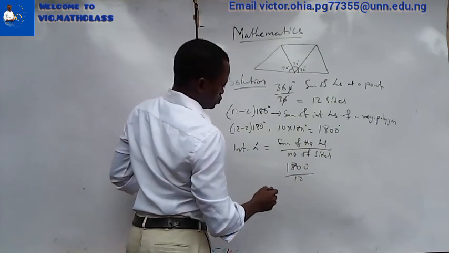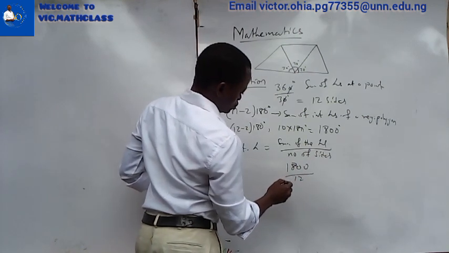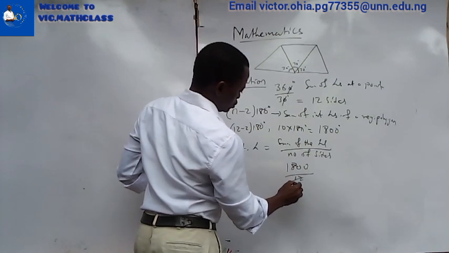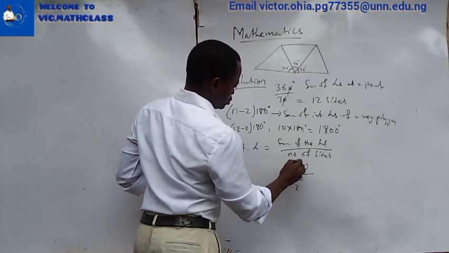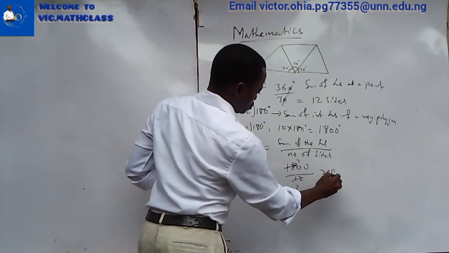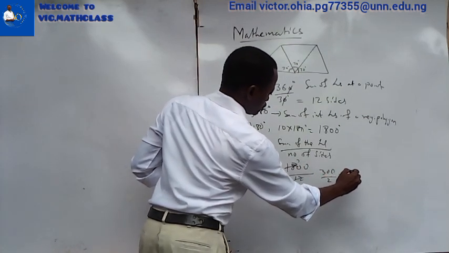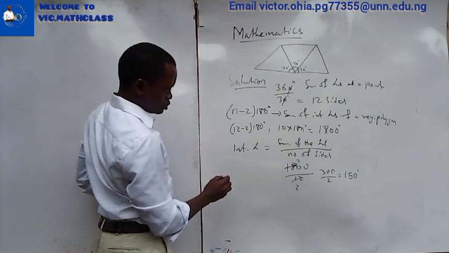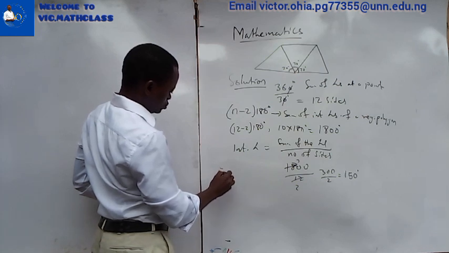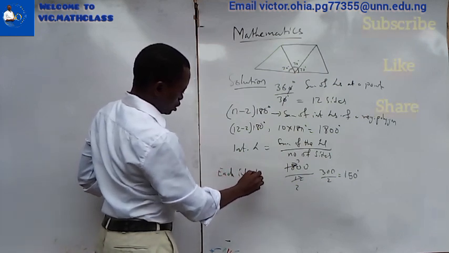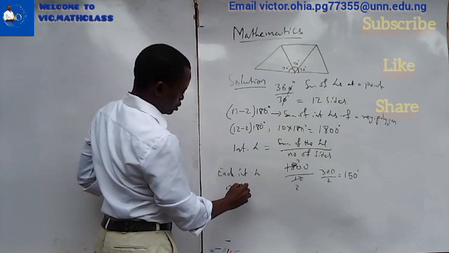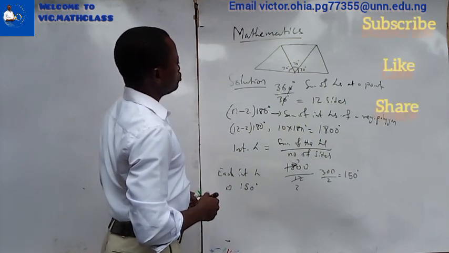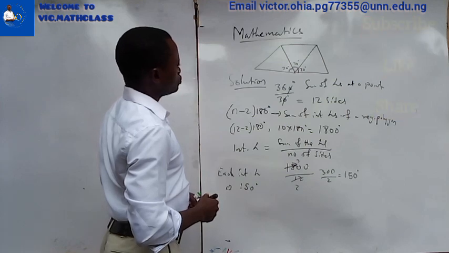We can reduce this by dividing by 6: 6 into 1800 is 300, and 6 into 12 is 2. So I have 300 over 2, which gives me 150 degrees. Obviously, you can see from our calculation that each interior angle is 150 degrees.